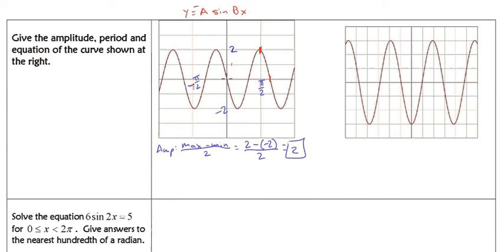But if we go from 0 to minimum to 0 to maximum, we've gone through 3/4 of the full cycle. That means from here to here we have 3 pieces of it. So let's cut this into thirds, and that way we can figure out what each of the 4 steps is. 3 steps in, we're at pi over 2. Let's divide that by 3, and that gives us pi over 6.